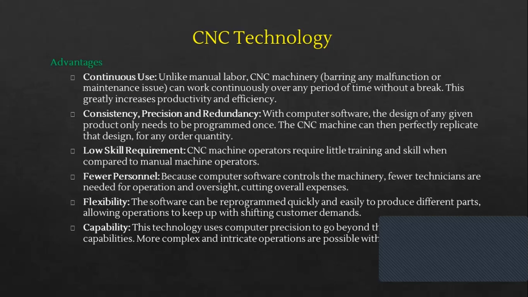Precision is not with respect to time, but with respect to how precise it is. For example, if we can produce within a tolerance range of plus or minus 0.1, another tolerance, let's say 0.01, is more precise, right?